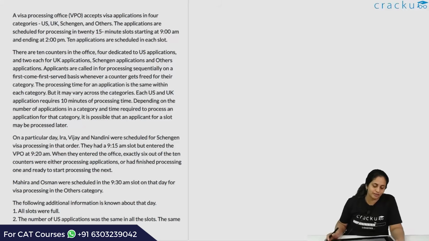A visa processing office, VPO, accepts visa applications in 4 categories: US, UK, Schengen and others. The applications are scheduled for processing in 20 15-minute slots starting at 9 a.m. and ending at 2 p.m. 10 applications are scheduled in each slot. There are 10 counters in the office, 4 dedicated to US applications, 2 each for UK applications, Schengen applications and others applications.